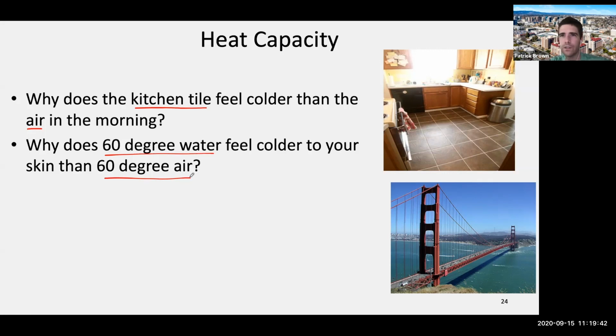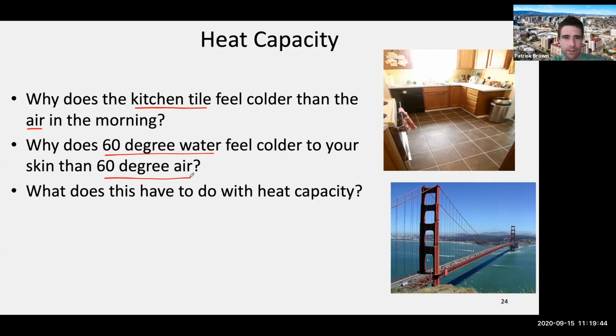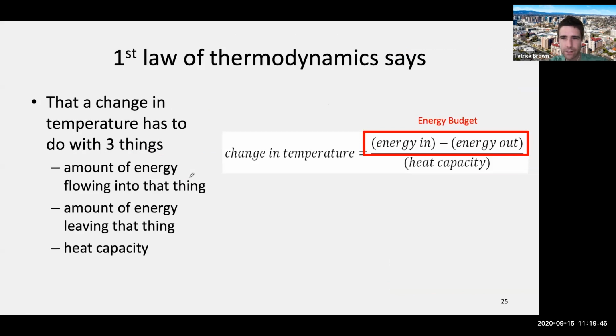Okay, so those are our three things of our energy budget. We talked about temperature, we talked about energy, and we'll talk a lot more about this specific type of energy that's causing the Earth's energy budget to change, electromagnetic radiation. But we're talking about energy in general and heat capacity. So this is our summary of our first law of thermodynamics.